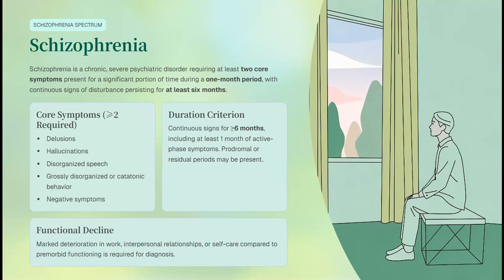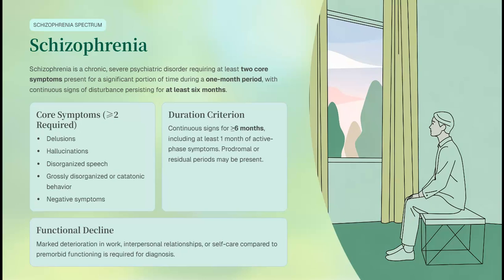So you have to have 2 core symptoms present for a significant portion of time during a 1-month period, with continuous signs of disturbance that persist for at least 6 months.